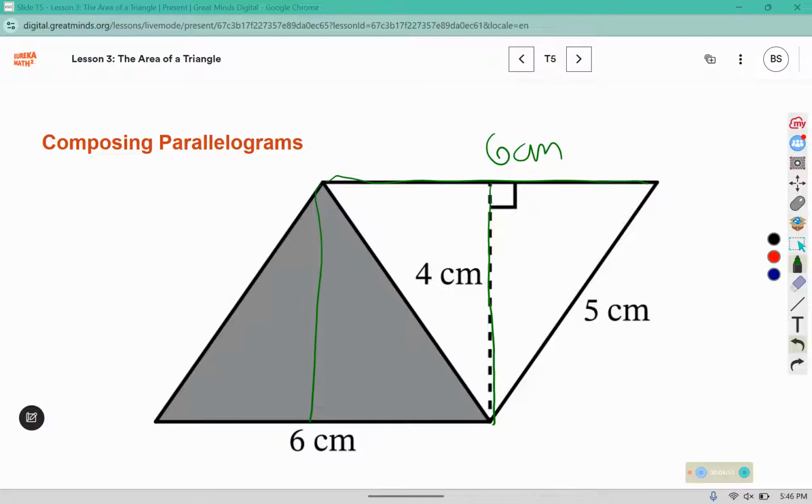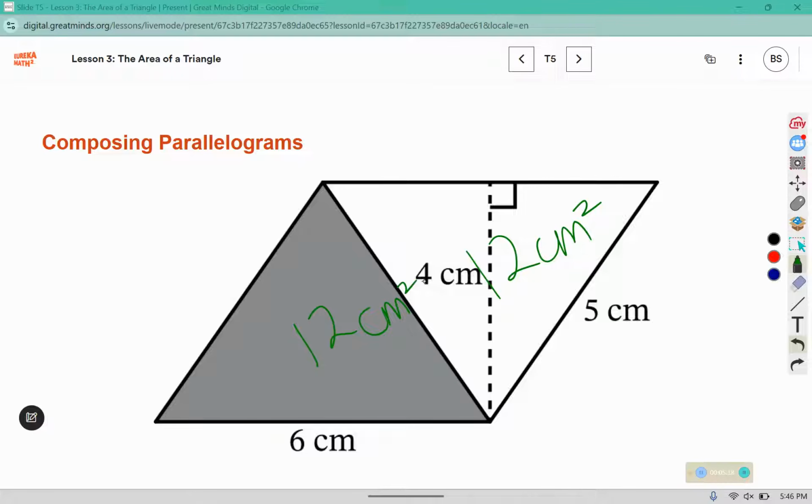So this is cutting the parallelogram in half, meaning that each triangle, the white triangle and the gray triangle, have the same area. Since the parallelogram has an area of 24, each triangle must have an area of 12, because 12 times 2 is 24.